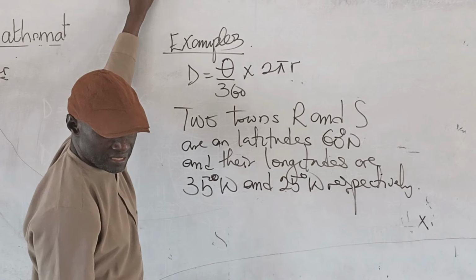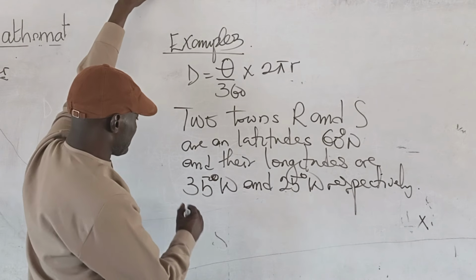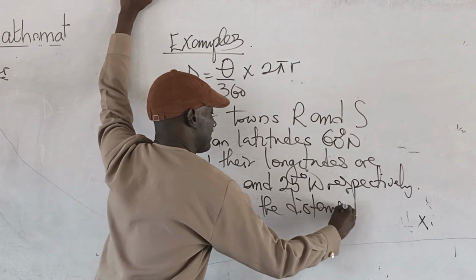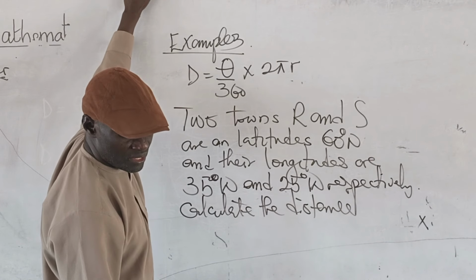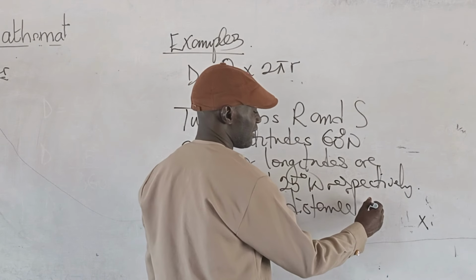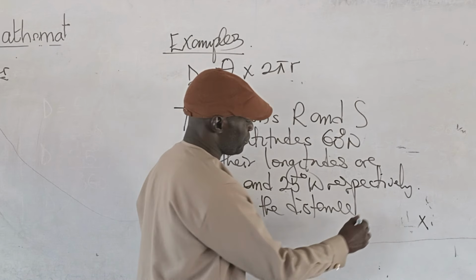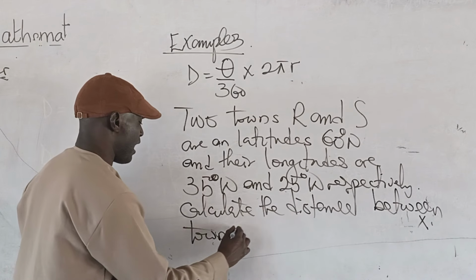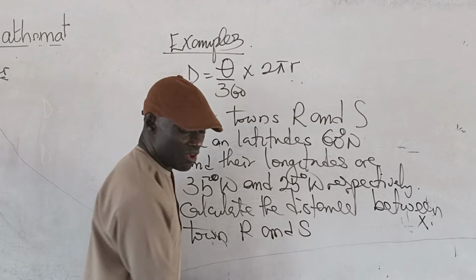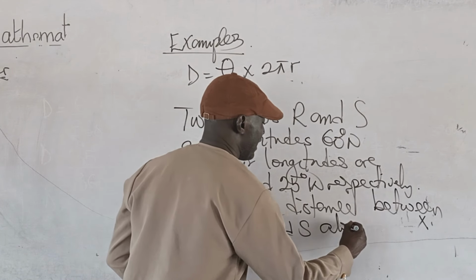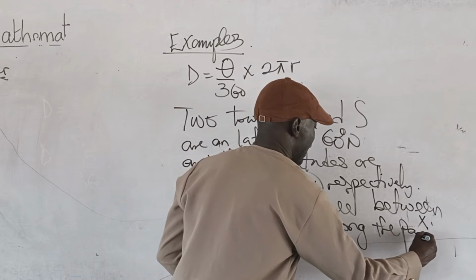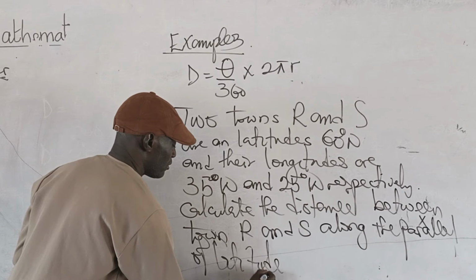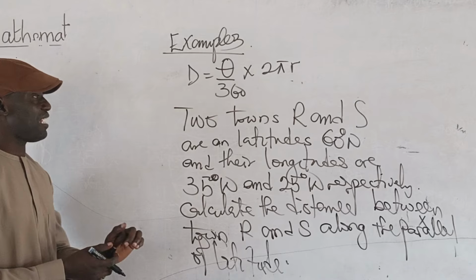The question now says calculate the distance between the towns R and X along the parallel of latitude. This is the question I'm giving as the third example for today.